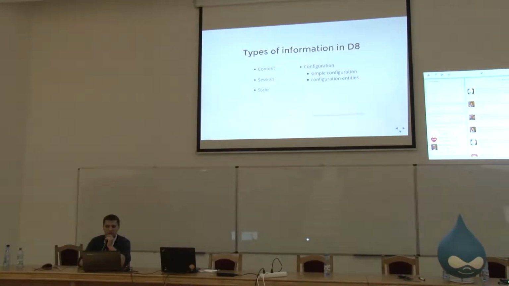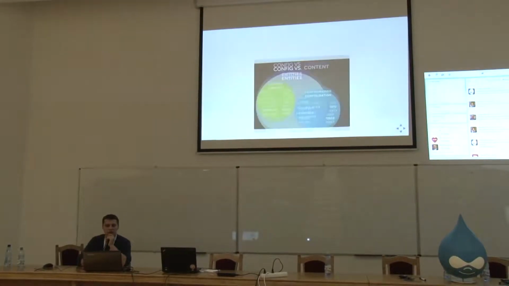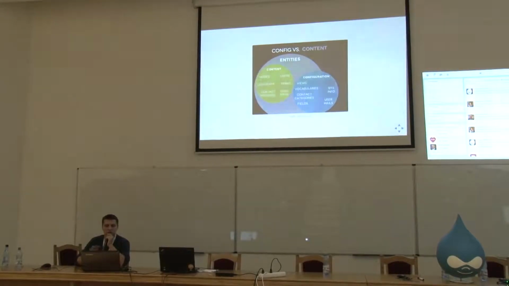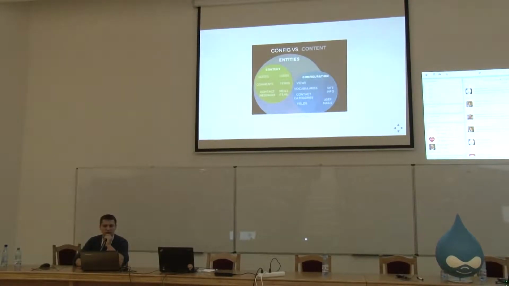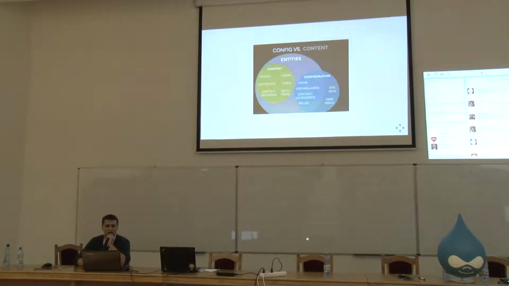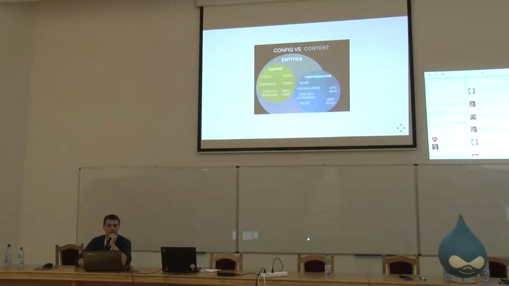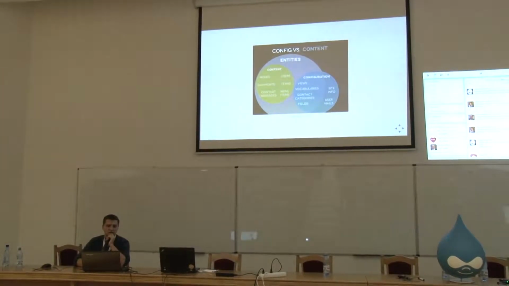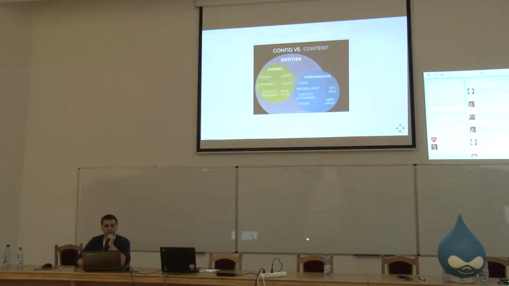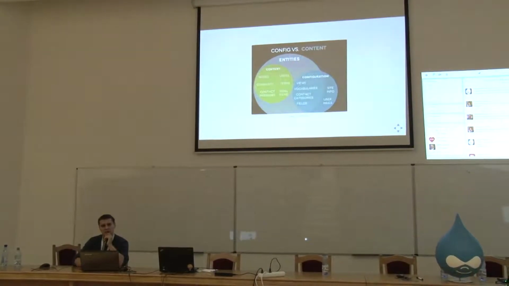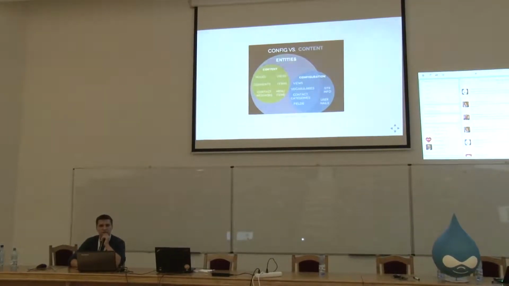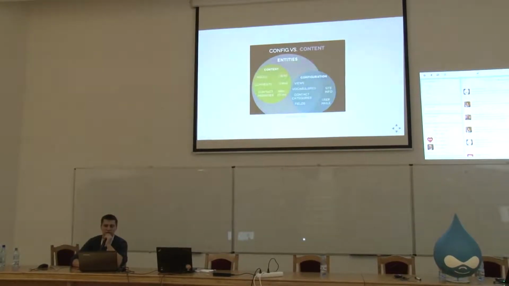So let's see exactly what we can see in Drupal 8 when we try to imagine the big picture. Almost everything is an entity. The entities are the parent of the content and the parent of the configuration. You can see on the right that the configurations sometimes can be outside of the entities. All these are simple configurations.